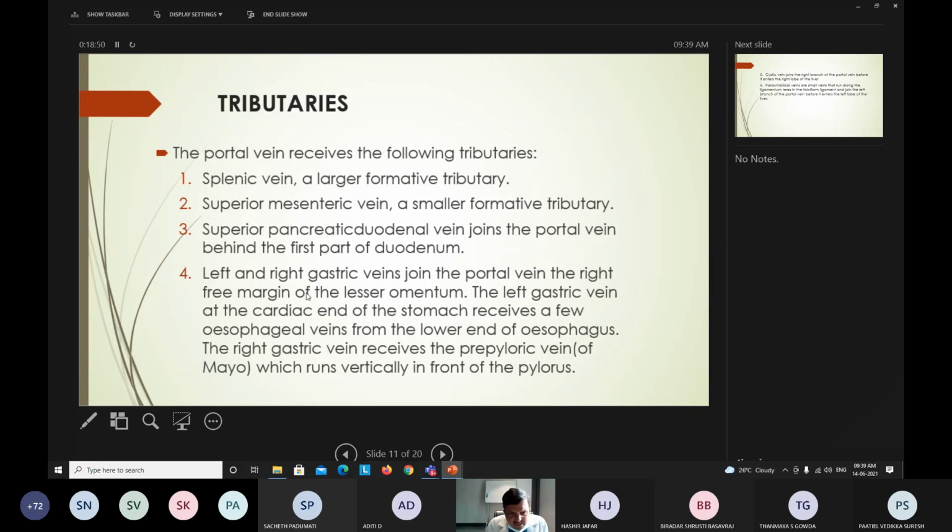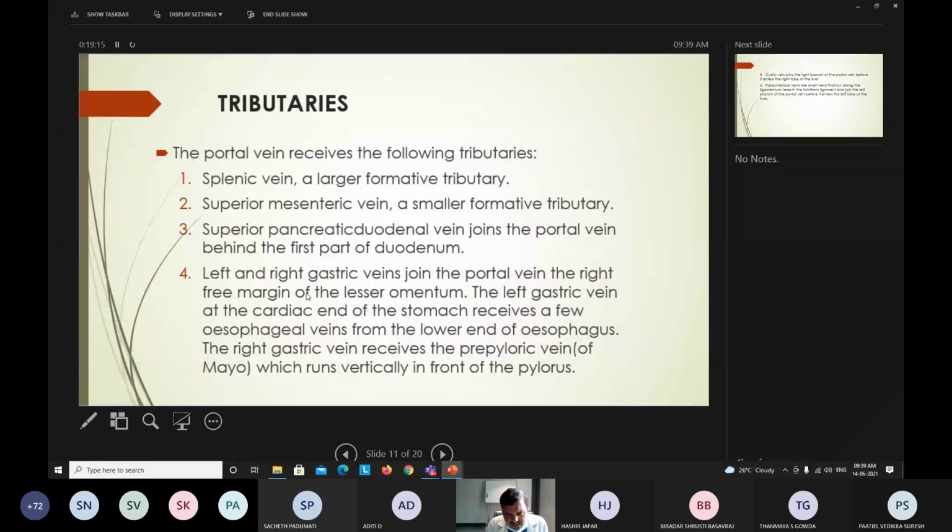Then the left and right gastric veins join the portal vein, in the right free margin of the lesser omentum. The left gastric vein receives venous blood from the cardiac end of the stomach, and receives a few esophageal veins from the lower end of the esophagus.